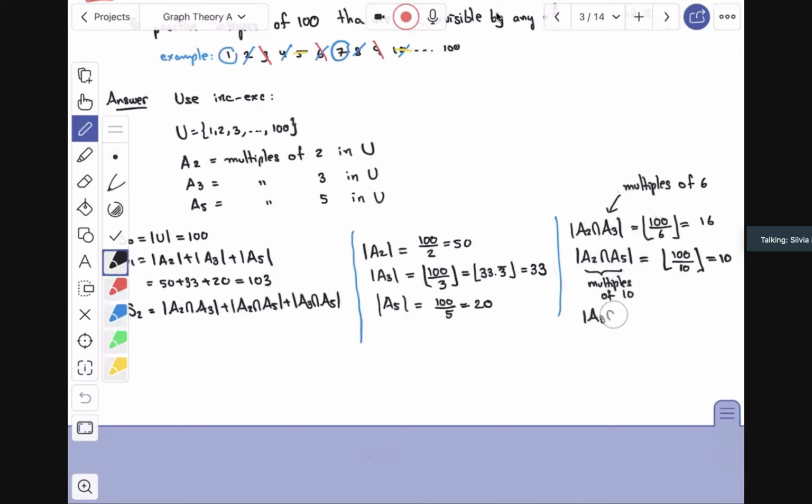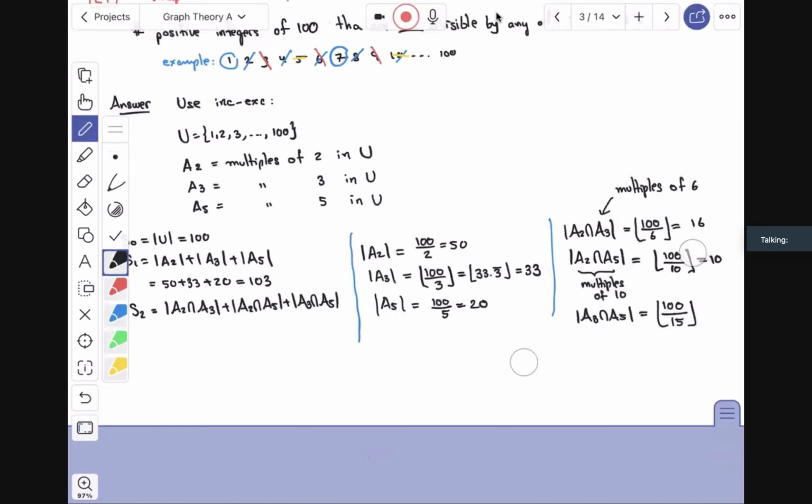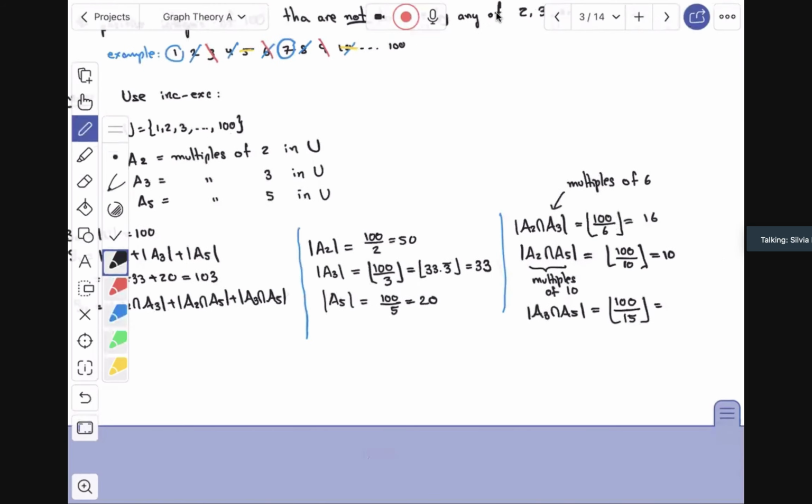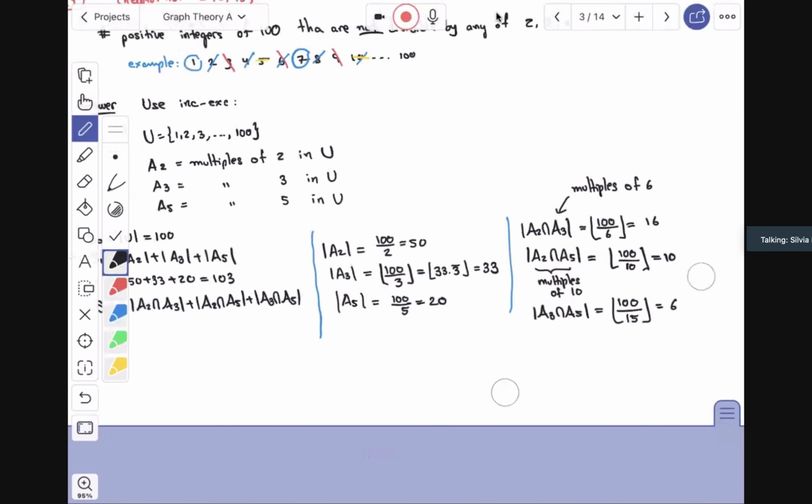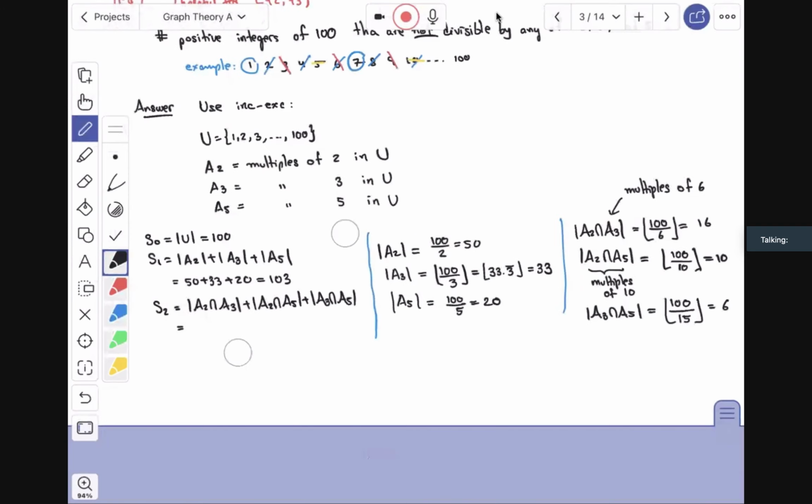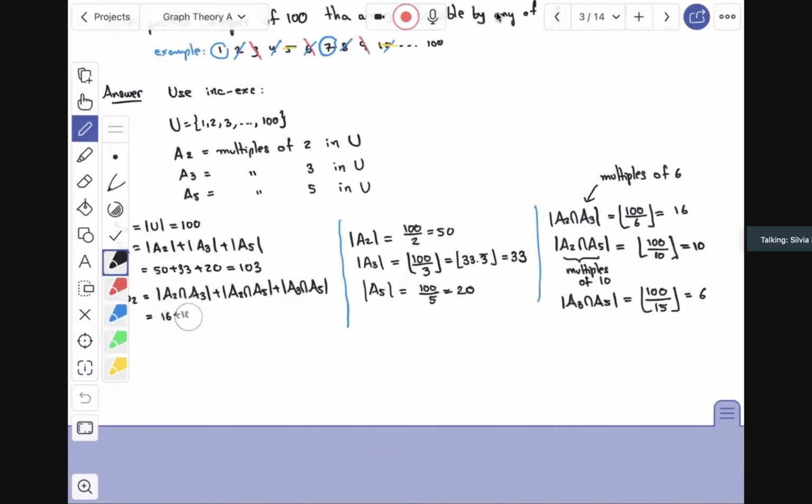And then I have A3 intersection A5. Those are multiples of 15. Six of them? Yeah. So S2 is equal to 16 plus 10 plus 6.